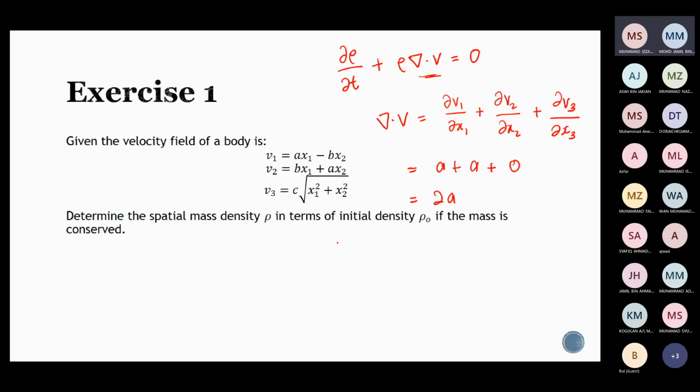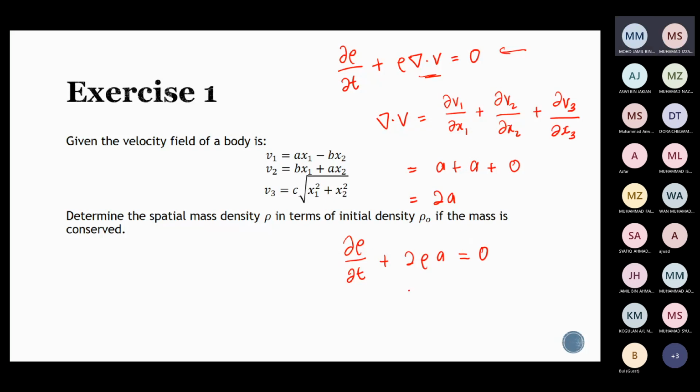And then rewrite into this relationship, and then rearrange.